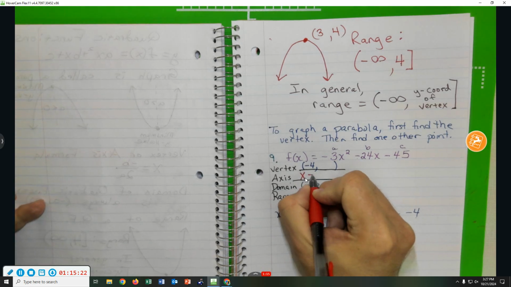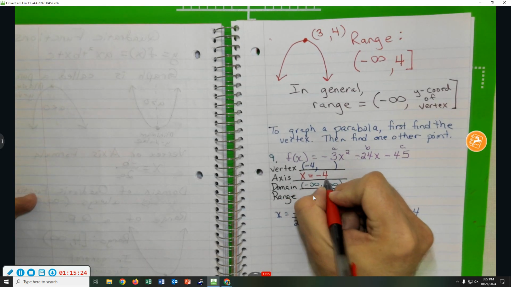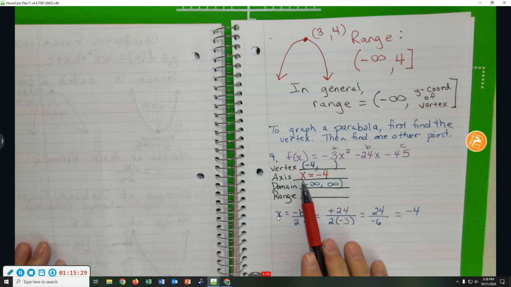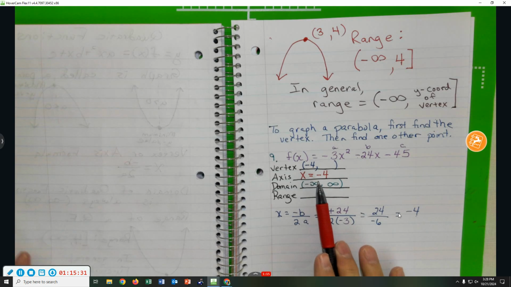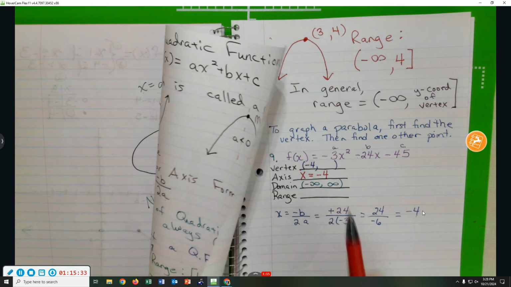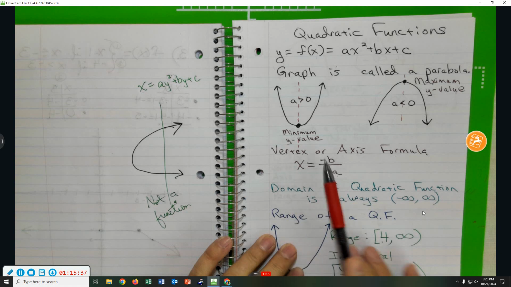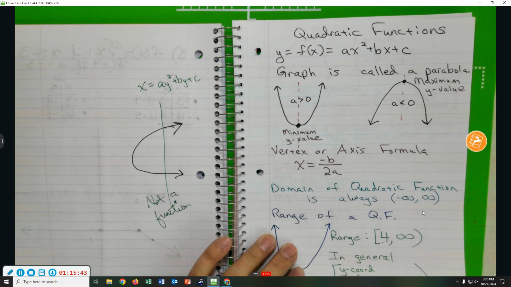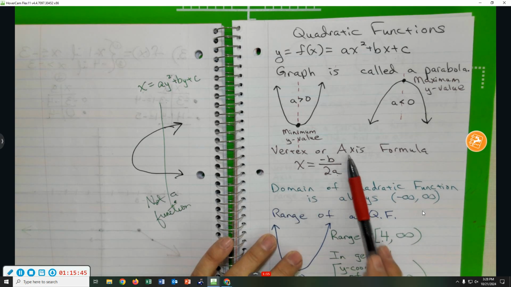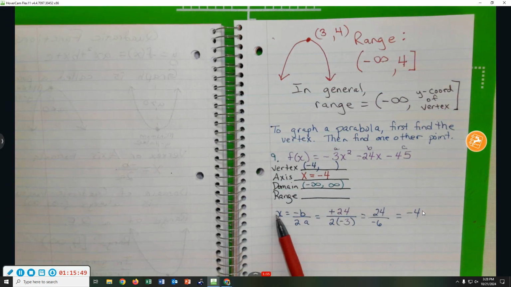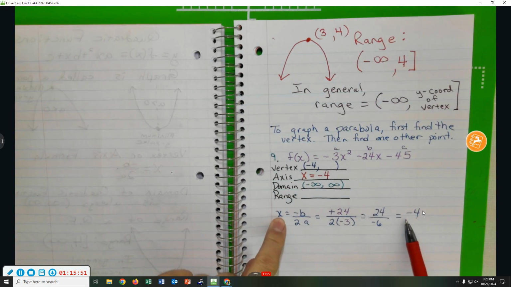So when you're typing in that axis, realize they're going to be looking for the equation of a vertical line, which is x equals, in this case, negative 4. That's why this is called the vertex formula or the axis formula. It gets you the x-coordinate of the vertex, and at the same time, it gets you the equation of the axis. X equals negative 4.